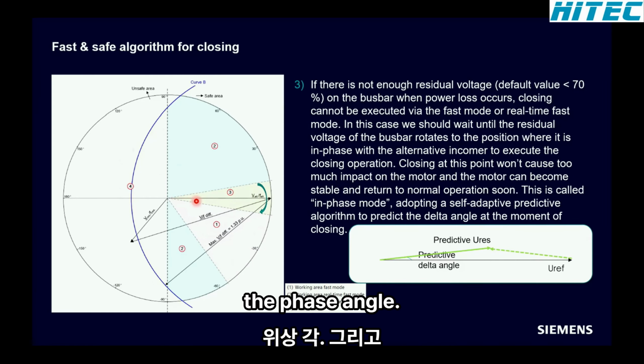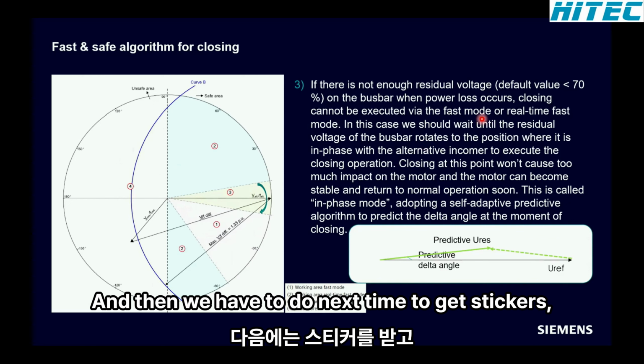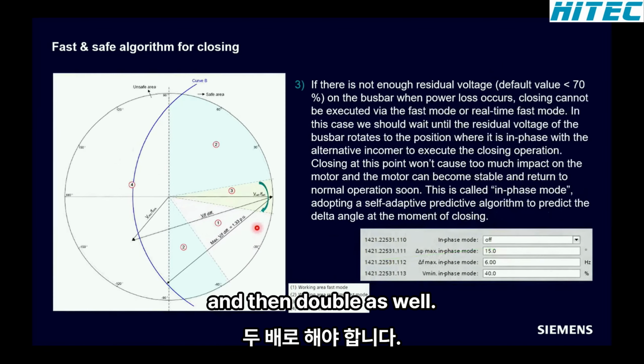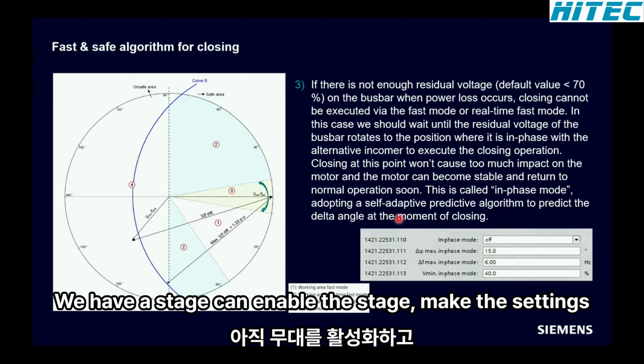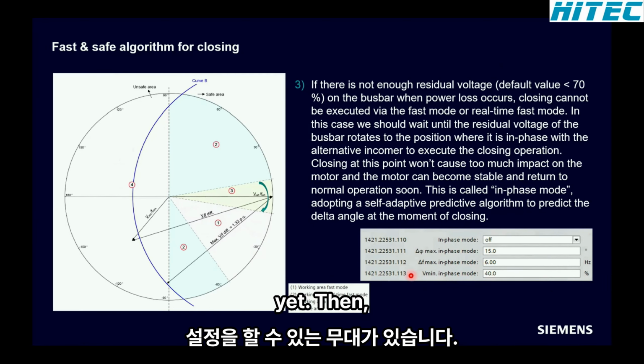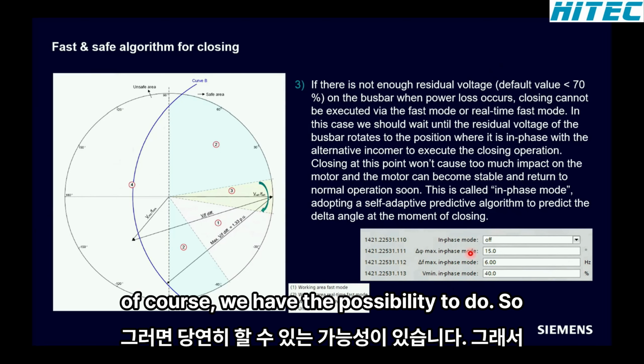That means the phase angle is quite small, and then we have the next time to give the close command. Therefore, as well, we have a stage here, and you can add or enable this stage and make the settings here. And then, of course, we have the possibility to do that as a synchronous switching.